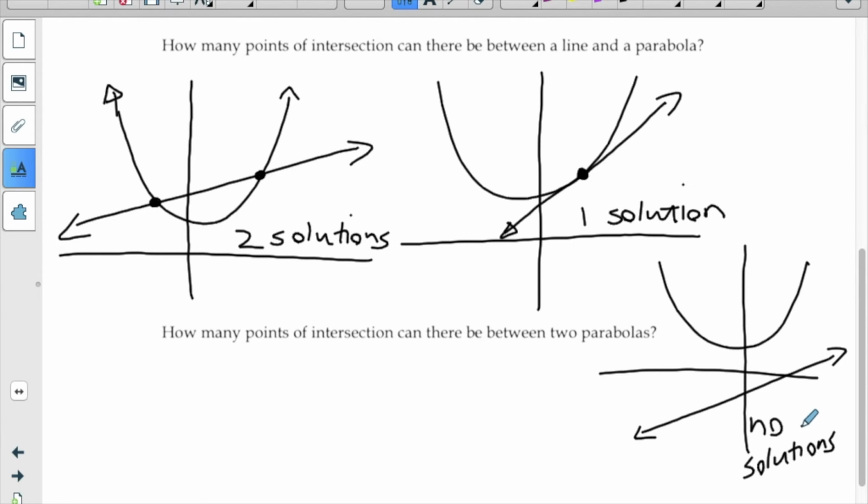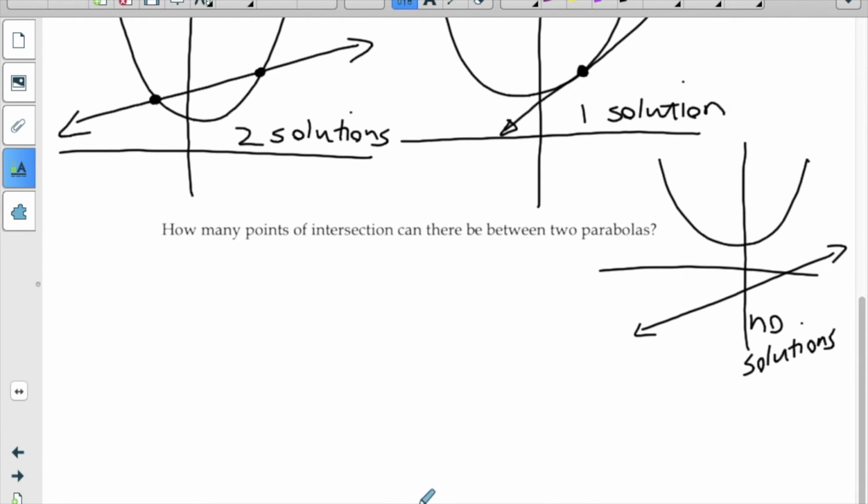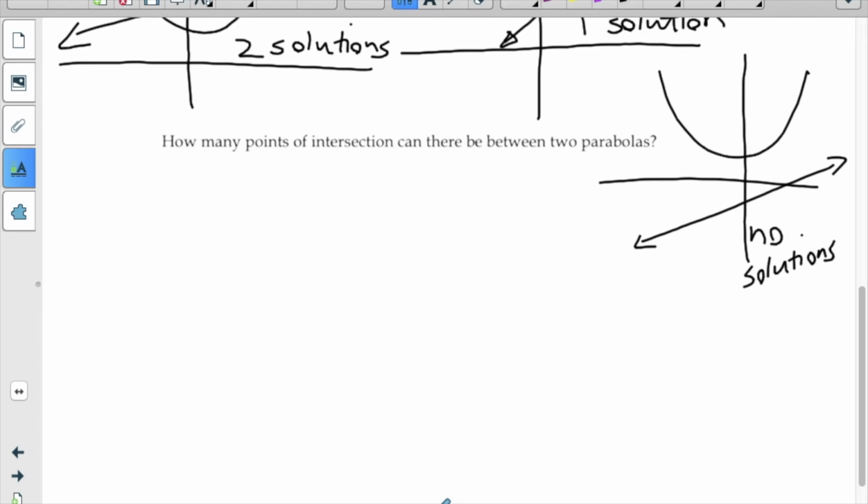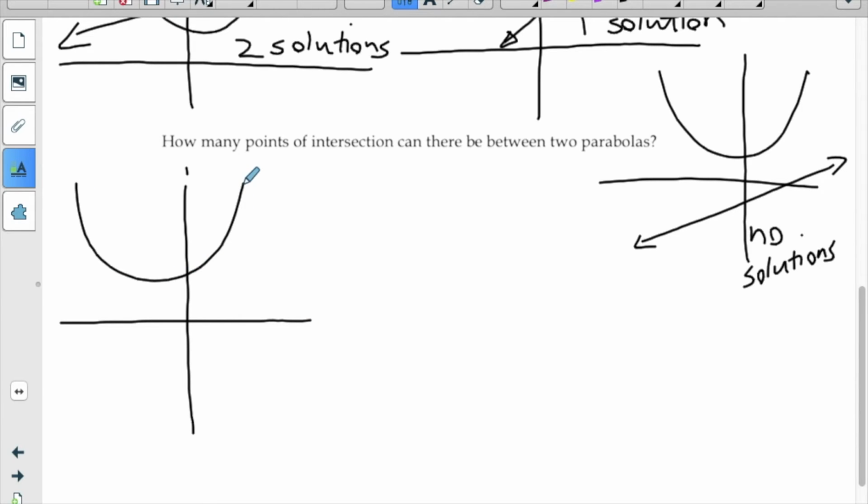Okay? What about if we have two quadratic equations, if we have two parabolas? What could happen there? So I'll draw one. If I were to draw another one, how many times could they intersect? What's one possibility?